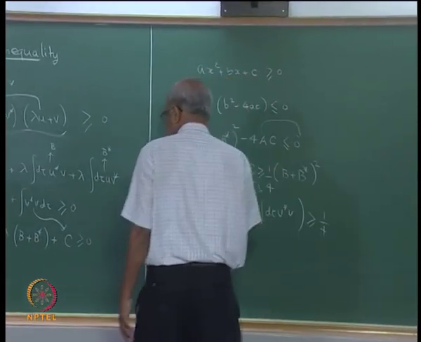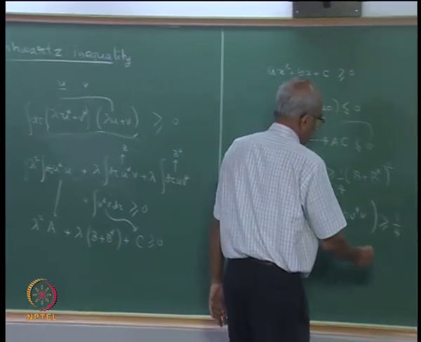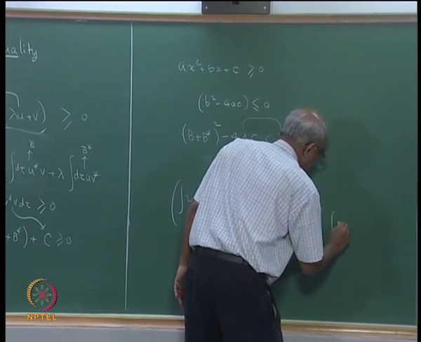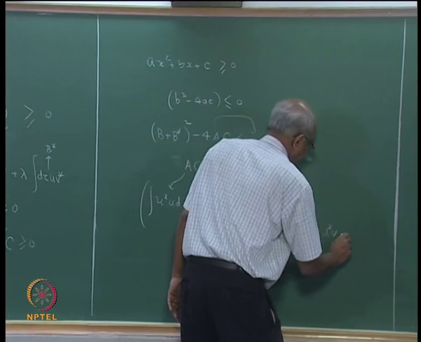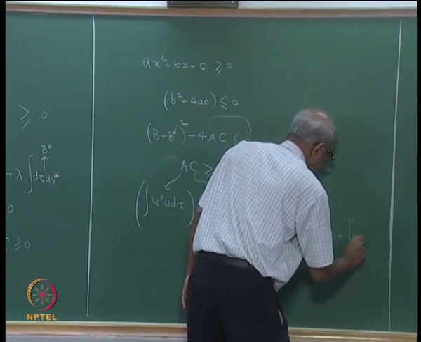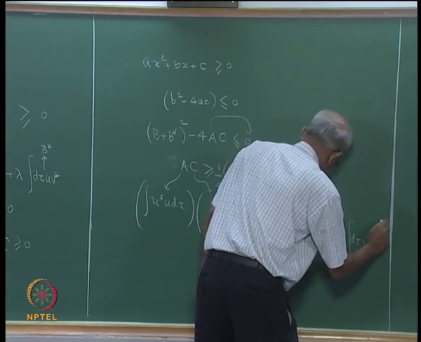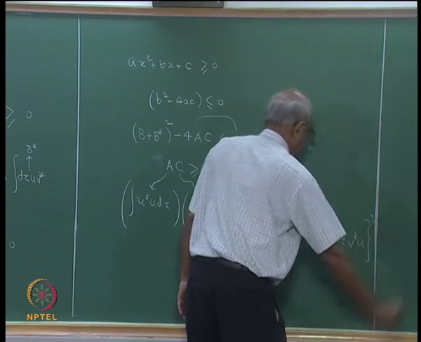What are the values of B and B star? Well, you have the definitions here. So, what will happen is integral d tau u star v plus integral d tau v star u. There is a square, right.